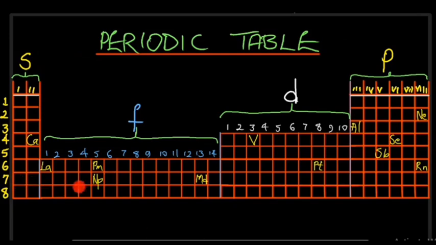This is period 7, this one here, and then we're coming to the d block, second part. That is where we have our rutherfordium, Rf.